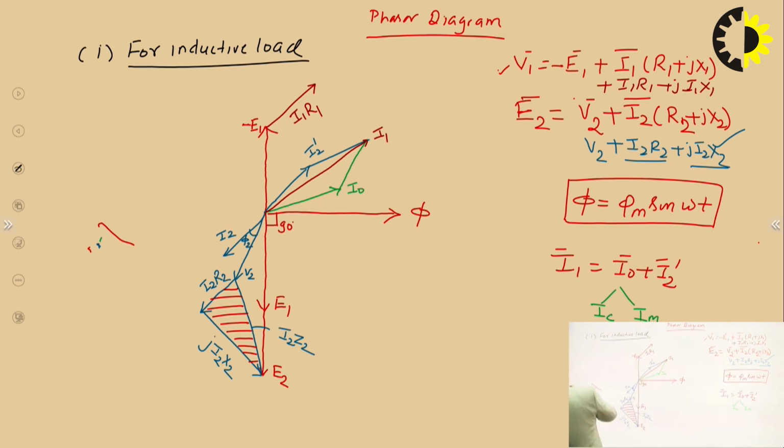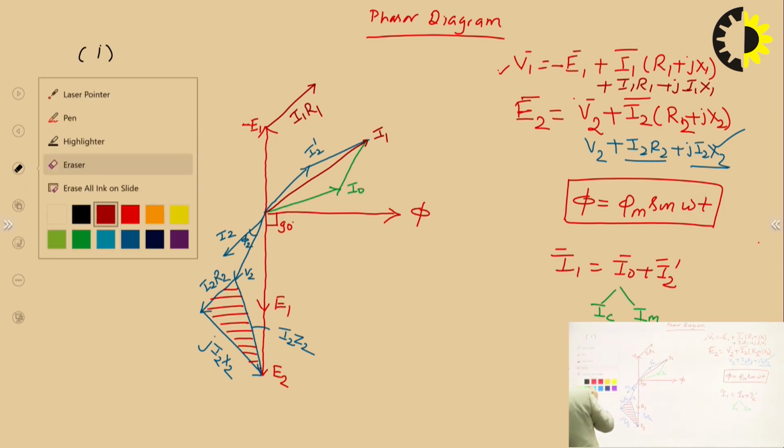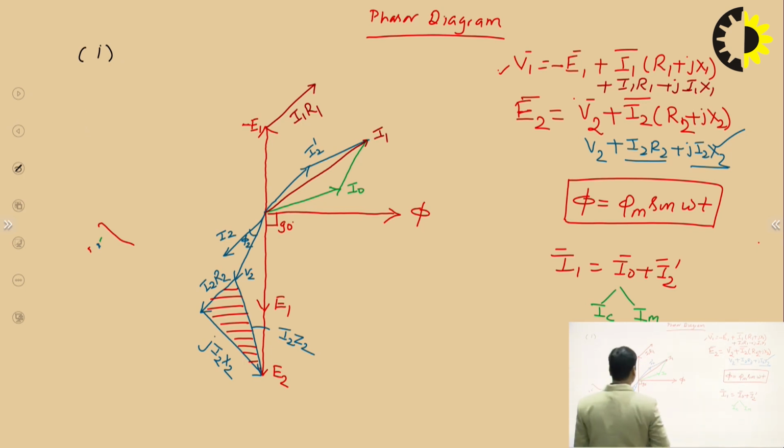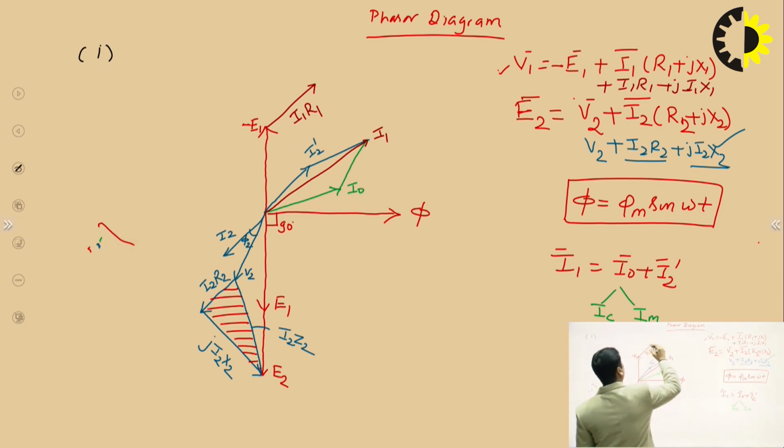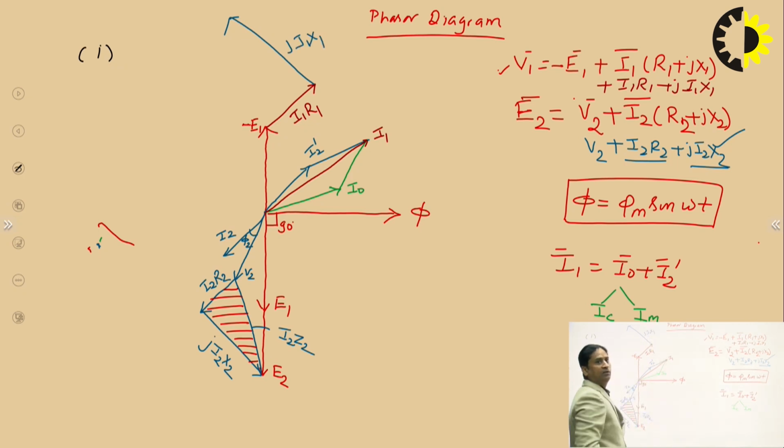To draw it, let us erase this part, because otherwise it won't be possible. Next is I1 R1 and then I1 X1. I1 X1, with j, leads by 90 degree, so it will be like this. So j I1 X1. I hope you can see that part.